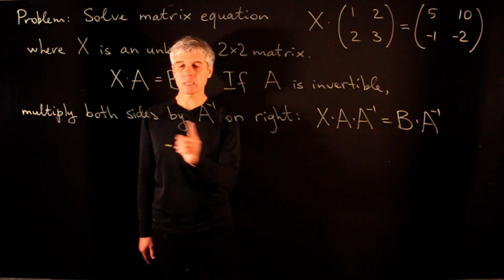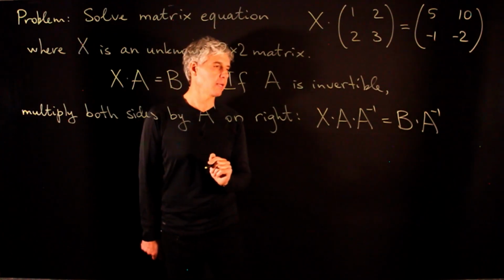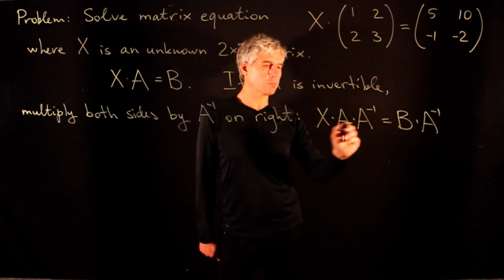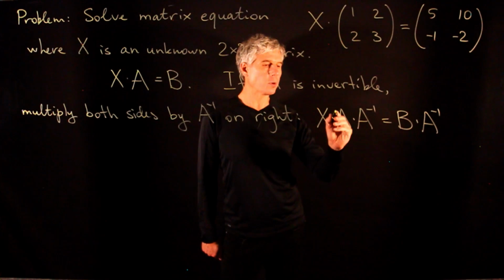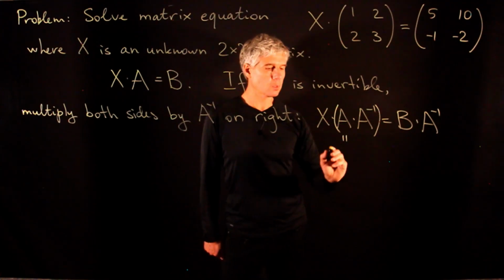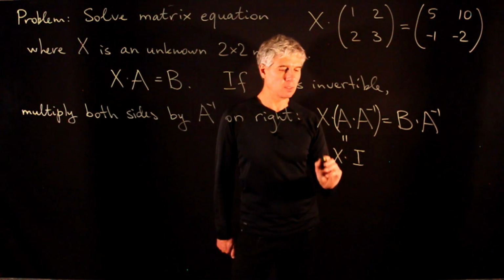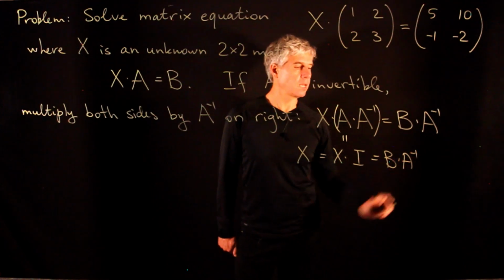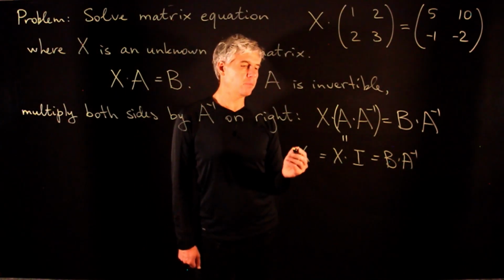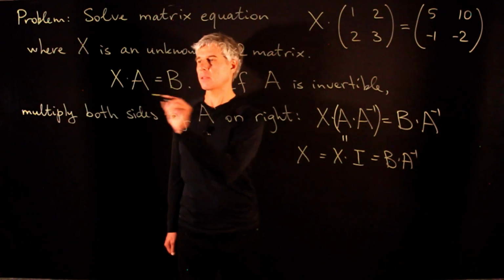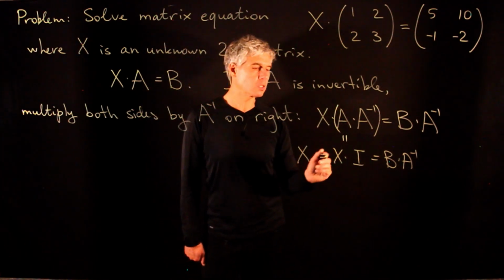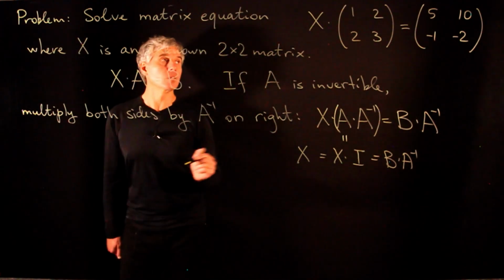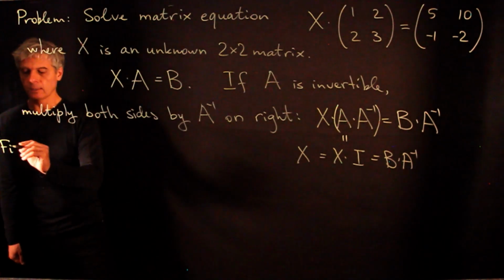Keep in mind that it is important on which side we are multiplying. Because multiplication is associative, we can group this product in this way. Then we get X times identity, which is simply equal to X, and we get B times A inverse. And we see that if A is invertible, then this matrix equation has a unique solution, which is the product of the matrix B with the inverse of the matrix A. So now we find A inverse.